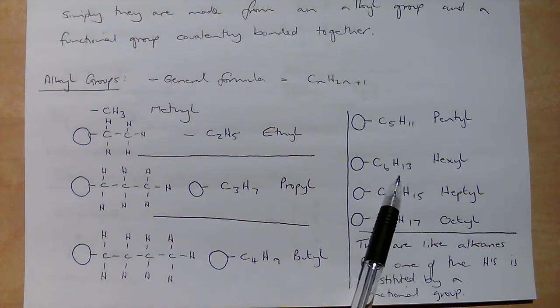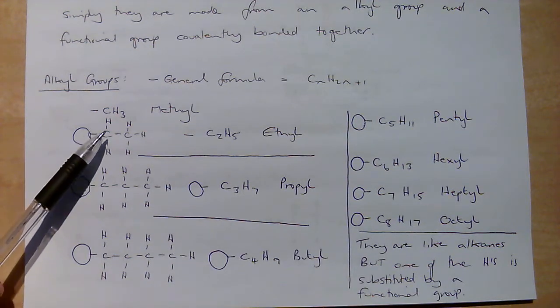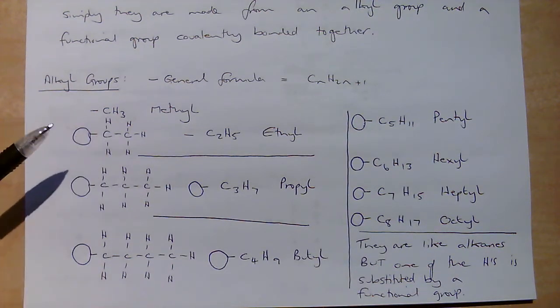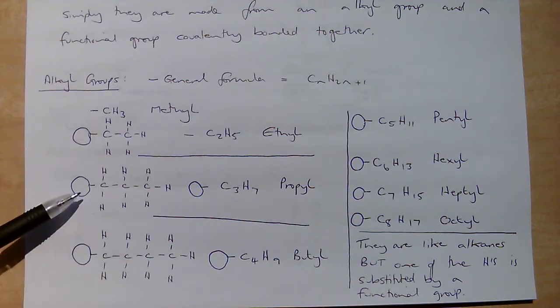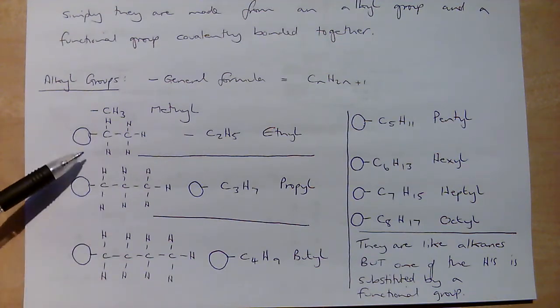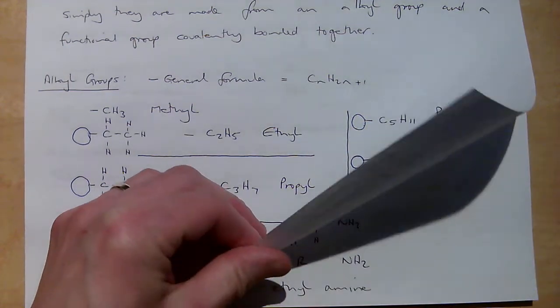Hexyl, C6H13. Heptyl, C7H15, and then octyl, C8H17. As you can see, when we're building up an organic molecule, these alkyl groups are all attached to a functional group.